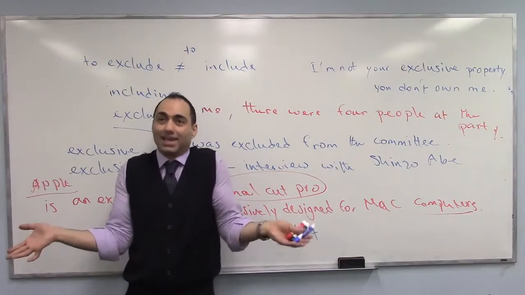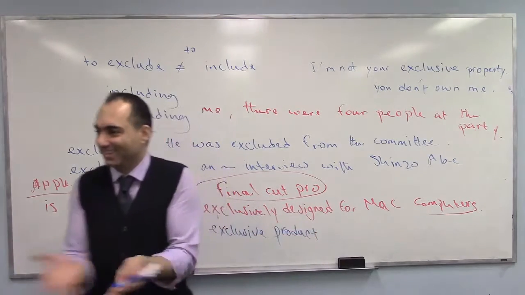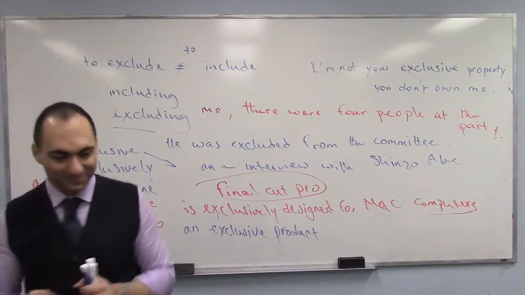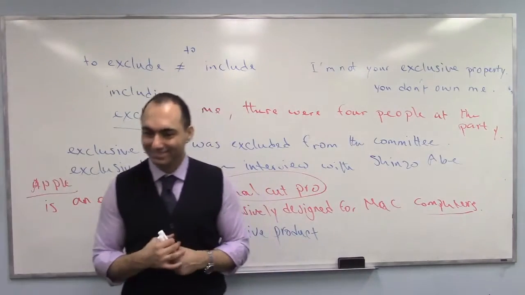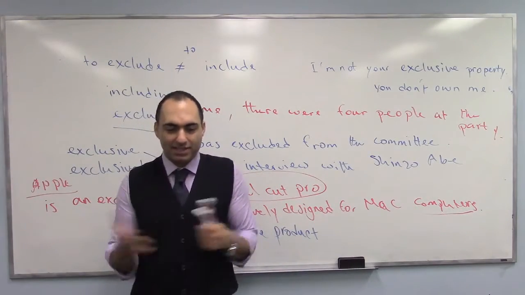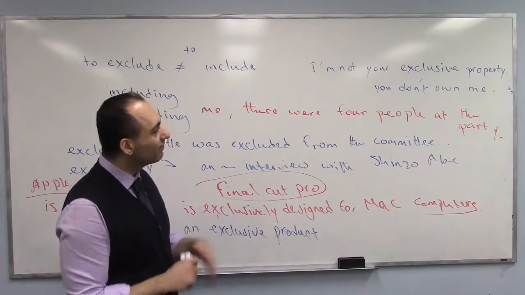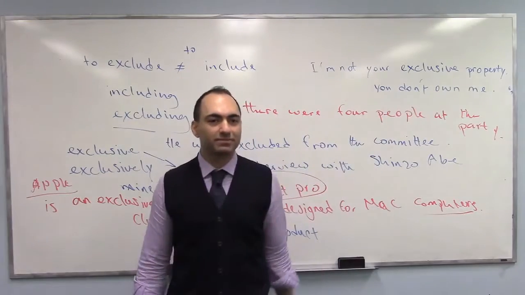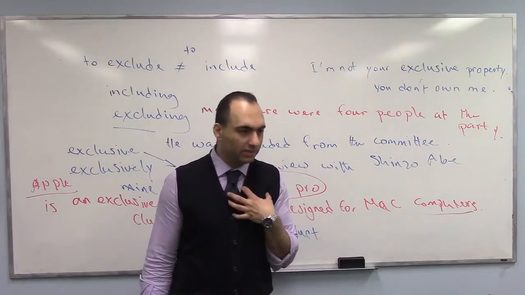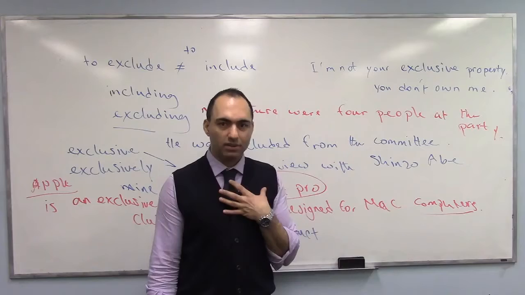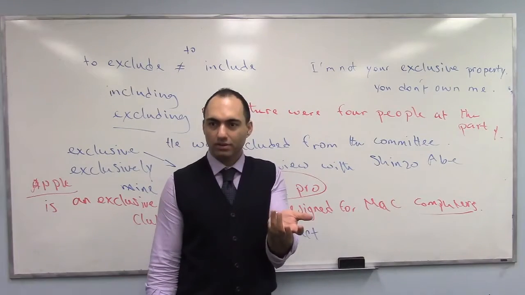And then you can say, it's not like I slept with him. It's a phrase that you should learn. It's very useful. I just had dinner with the guy. So I'm not your exclusive property means you don't own me. You don't possess me. I'm not your possession.